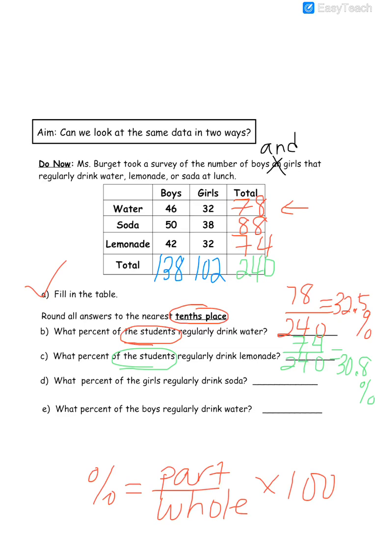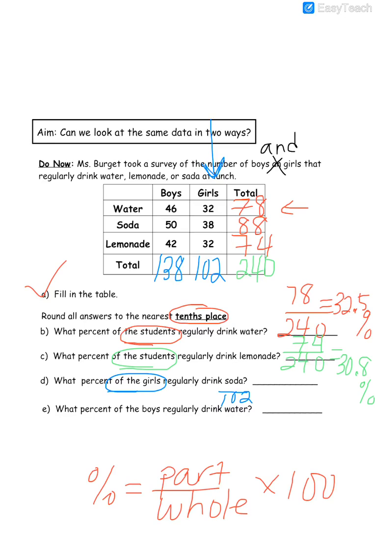Okay, what percent of the girls regularly drink soda? So this time I am not going to be calculating out of 240. This time I'm going to worry about how many people are girls. So I'm going to look this way, and I'm going to look down here. These are all the girls, 32, 38, 32. There's actually 102 girls is my whole this time. What percent of the girls regularly drink soda? Well, how many girls drink soda?